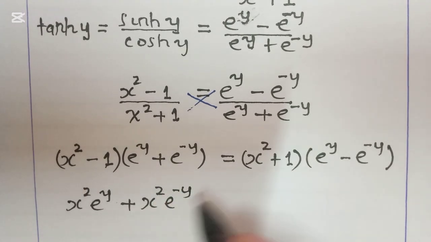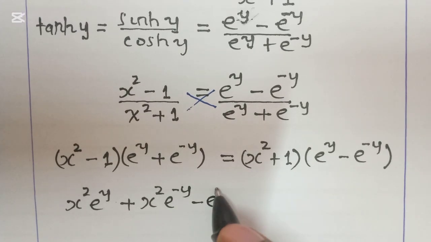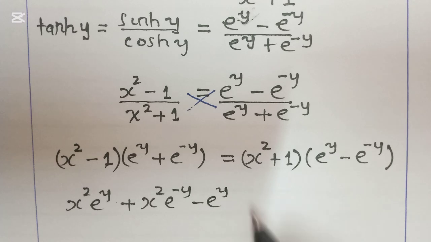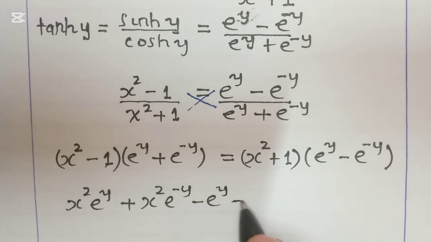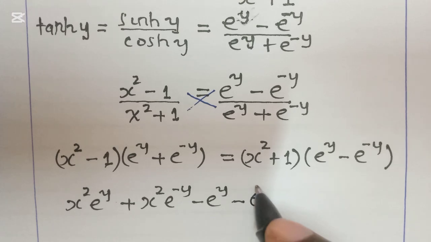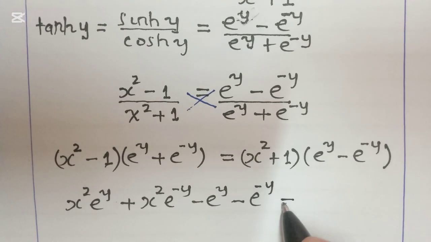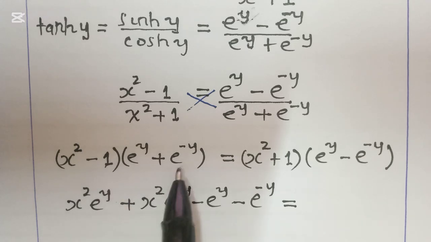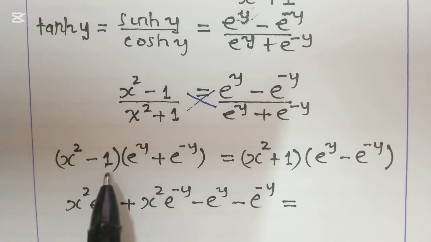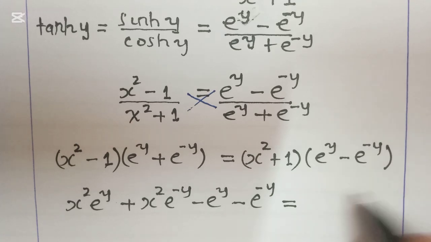Then this one we have minus e raised to y minus again e raised to negative y. So this one now is equal to, I hope we have multiplied well. It's quite okay. We now come and multiply x squared and e raised to y.